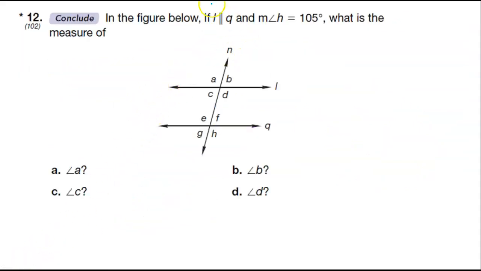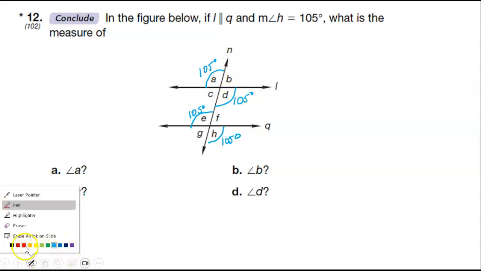Okay, in the figure below, if L is parallel to Q and the measure of angle H is 105, how do I find all the other angles? All right, well, I know that if that one's 105, this is 105. And if that's 105, opposite interior, that's 105. And if that's 105, that's 105. Okay? And then, let's pick a different color.